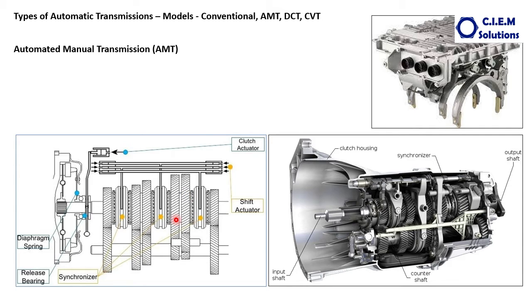The disadvantages or drawbacks of this transmission are jerky operation, like the mechanical gearbox, and slow response. It takes a lot of time between the gear shifts. That's a drawback, and it is limited to very light commercial vehicles. Some manufacturers also call it the AGS transmission, that is auto gear shifting transmission.